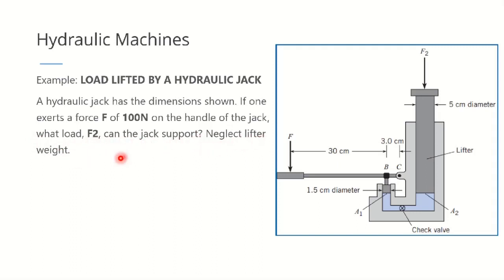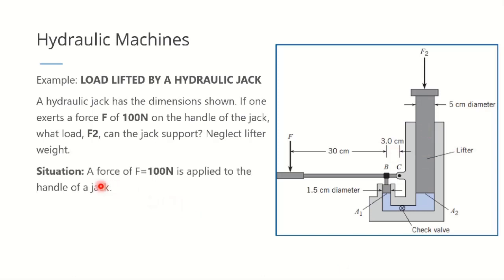Neglect lifter weight. So pwede kasi na itong lifter is mabigat din. So mag-a-add siya sa weight nung load. So in this problem, we assume that lifter weight is negligible.